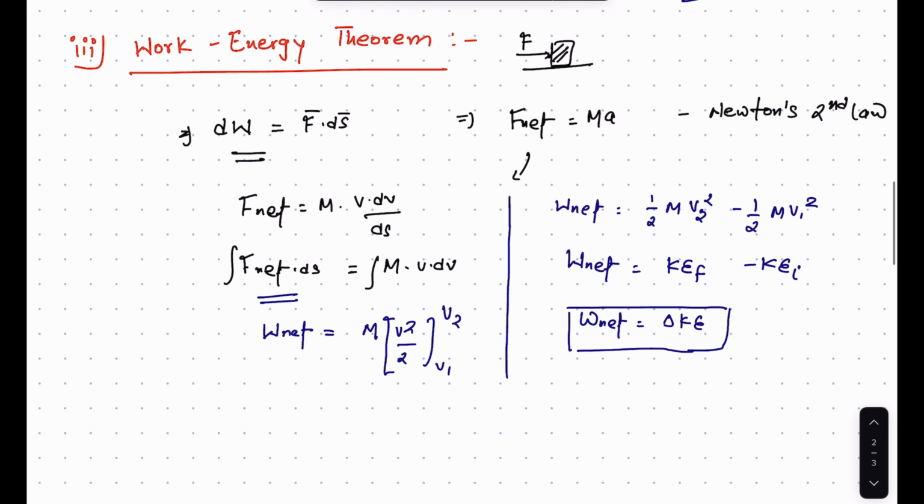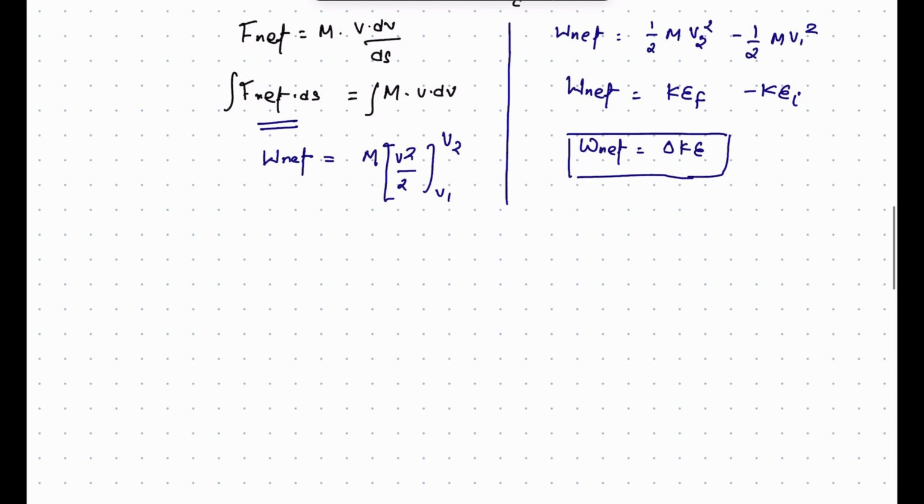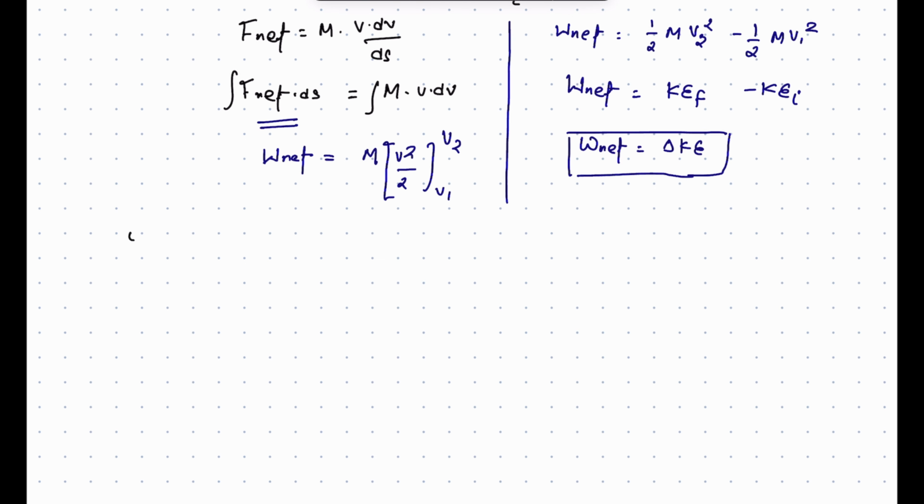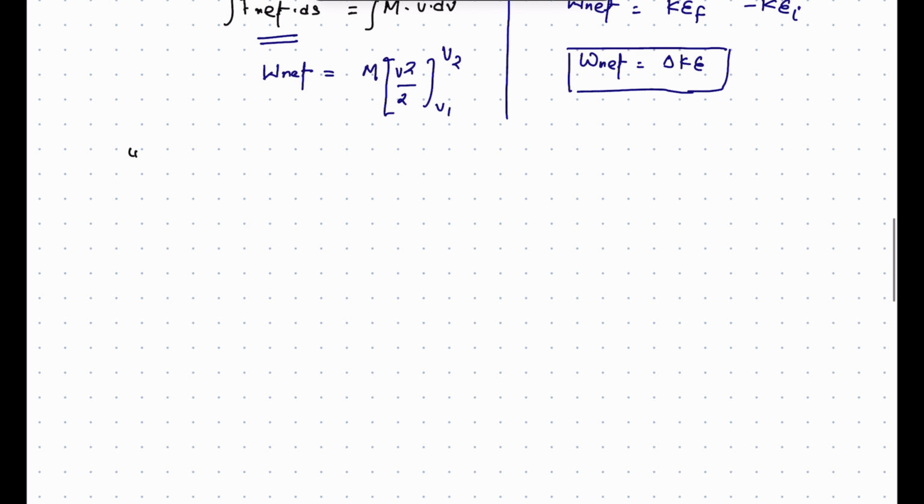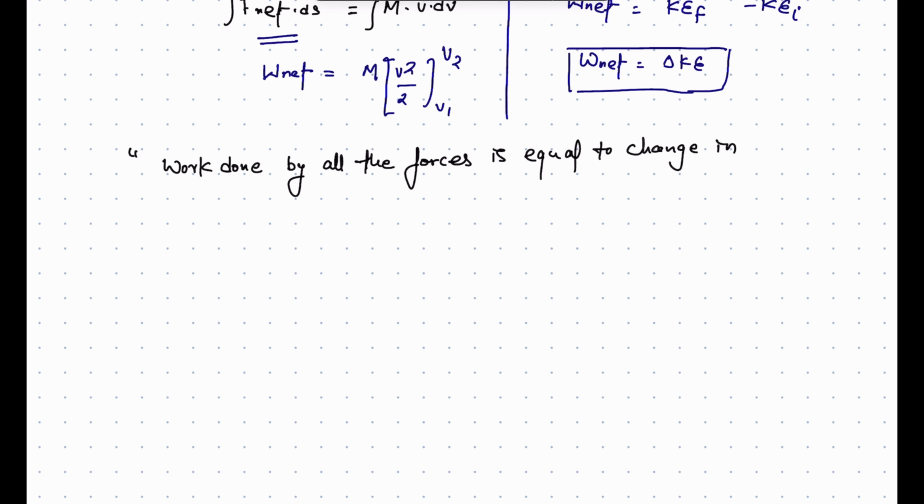So what we get from here is a statement that for a system or for an object, the work done by all the forces is equal to the change in kinetic energy of the system.